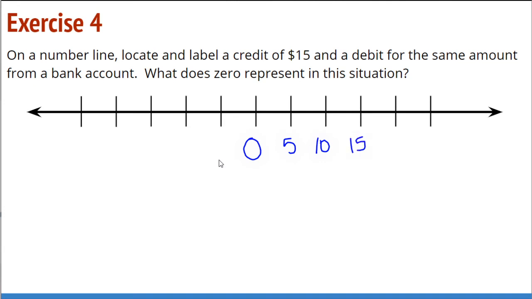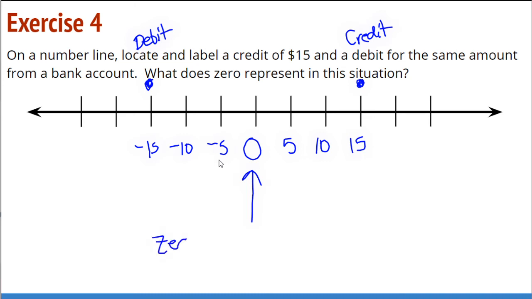And I need to go in the opposite direction, the same amount. Negative 5, negative 10, negative 15. So I have my credit of 15 here. I've got my debit of 15 here. This is a debit. This is a credit. And now I need to say, what is 0?